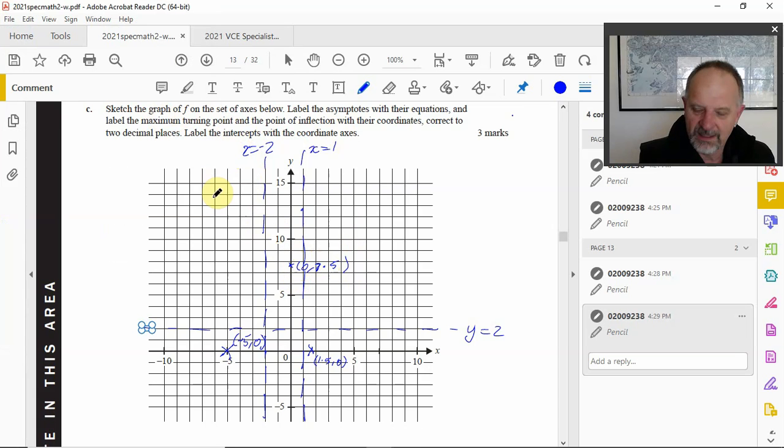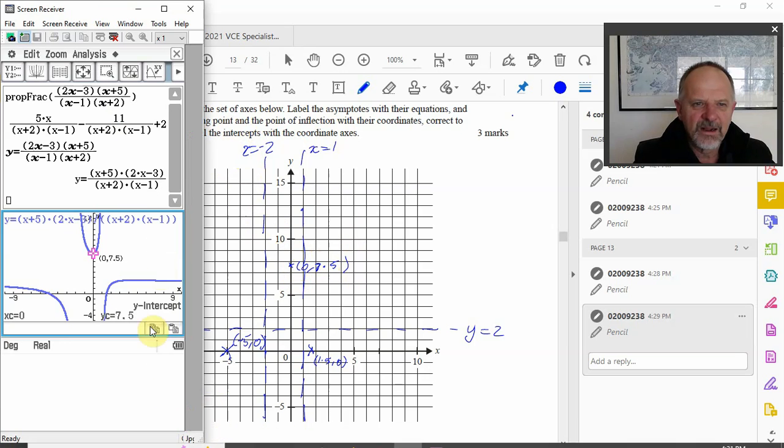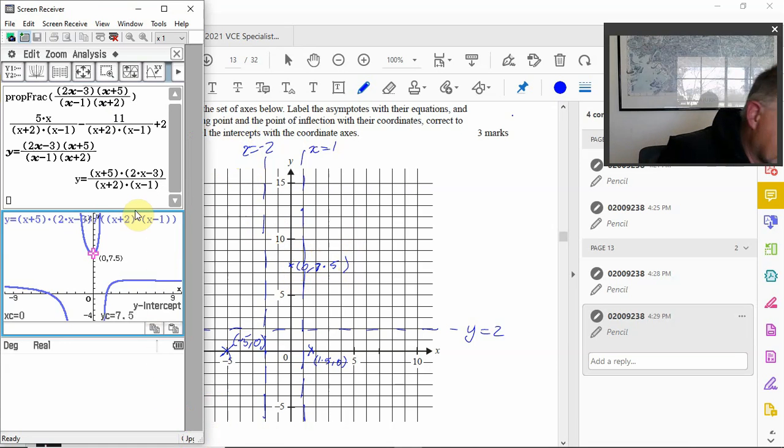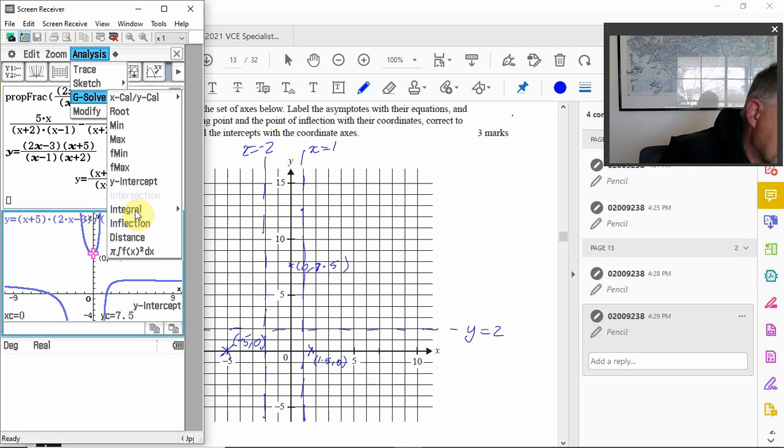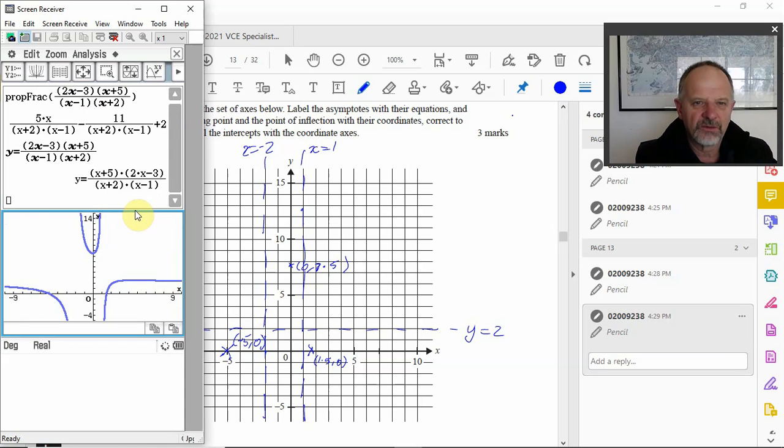So let's go back to our calculator, our maximum. So again, analysis. Oops, analysis. There we go. Analysis G-solve max. And it's going to look for any maximums. Thinking.